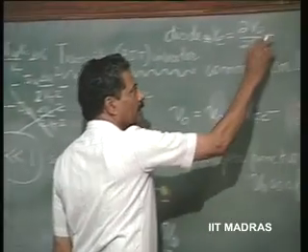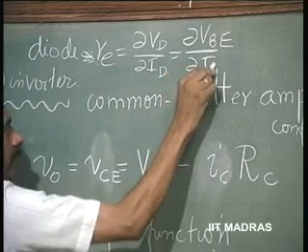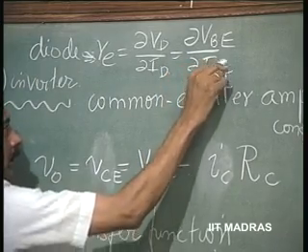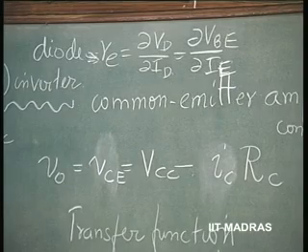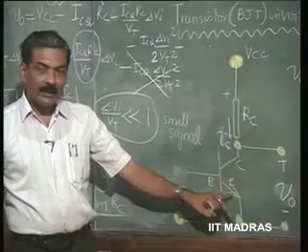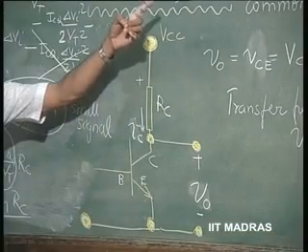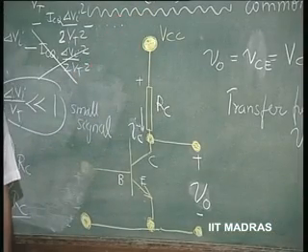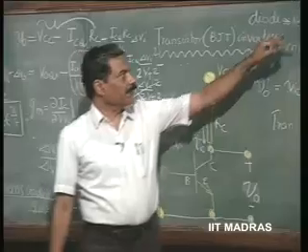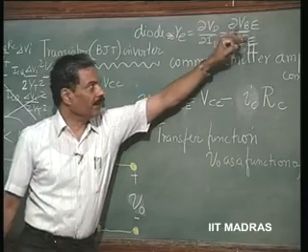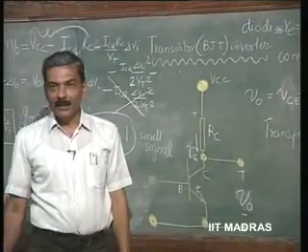This is same as delta VBE divided by delta IE. Since the input characteristic between emitter current and emitter base voltage is that of a diode, this Re is the diode resistance occurring in the emitter equivalent resistance, that is delta V diode by delta I diode, which is same as delta VBE by delta IE, which is defined as Vt by IE.